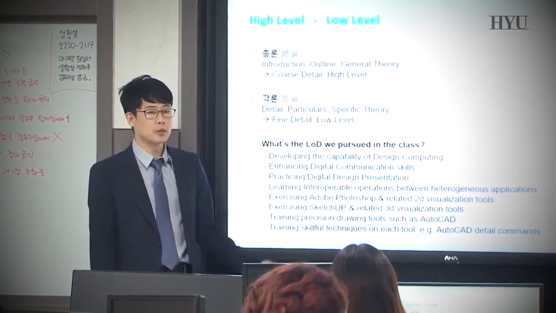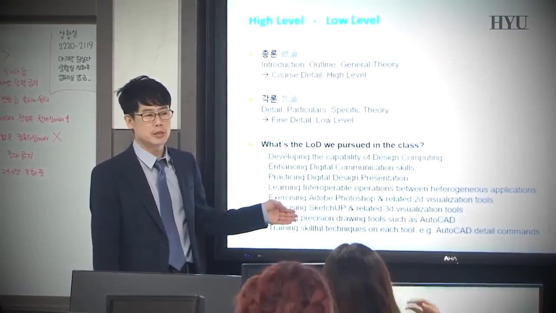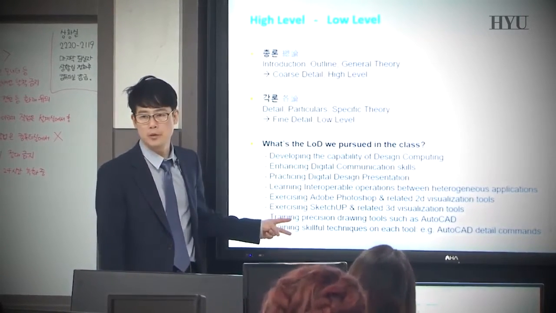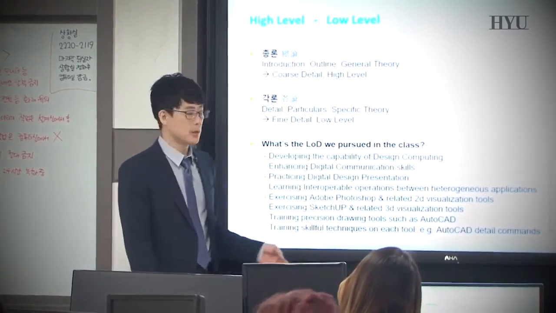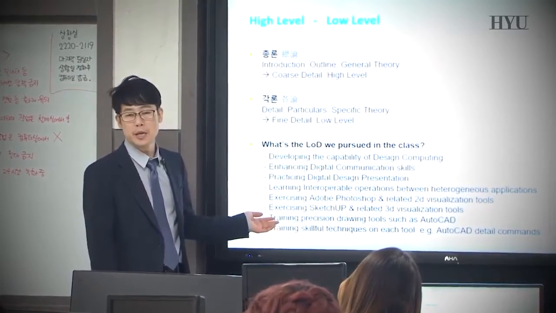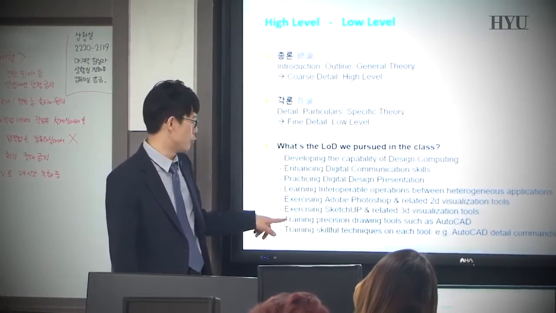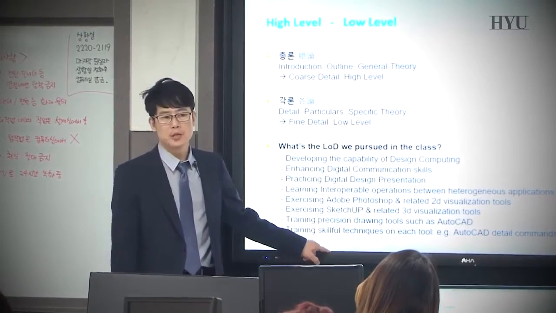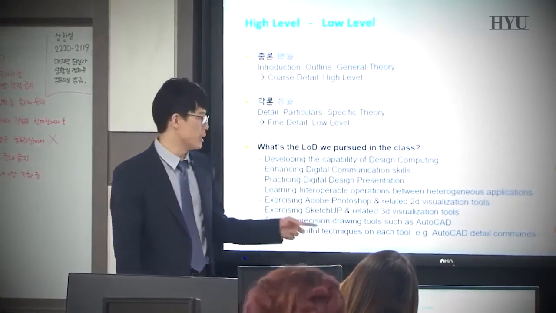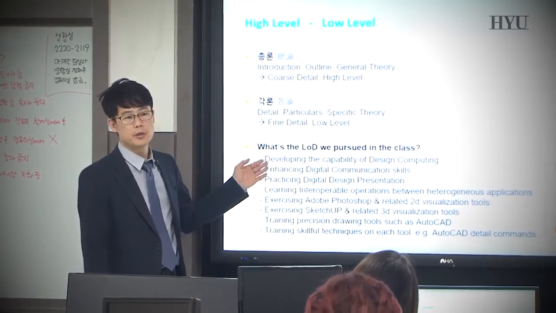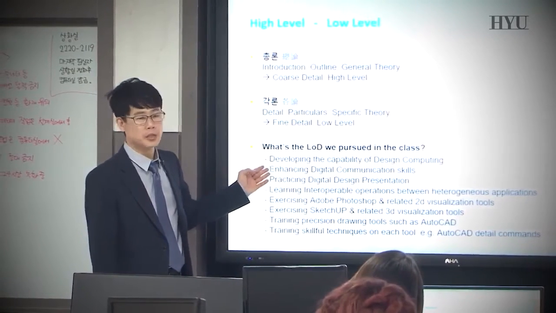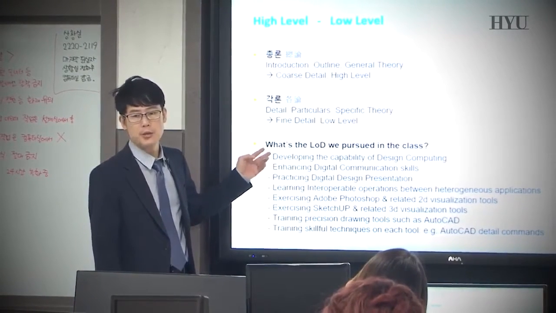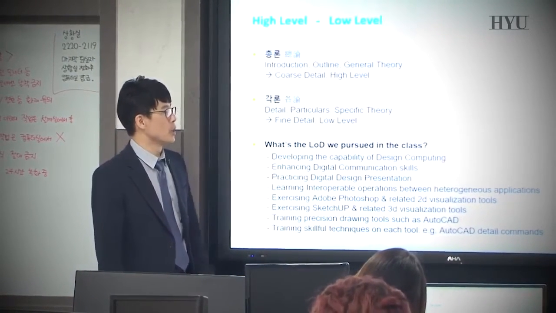So let's talk about the level of detail. Which one is higher level of detail? Low level, okay? In low level, level of detail is getting higher simply because now we are dealing with some specific tools, specific software, specific details, okay? But in high level, in other words, in lower level of detail, we are dealing with something outline, general things, theory, introduction.